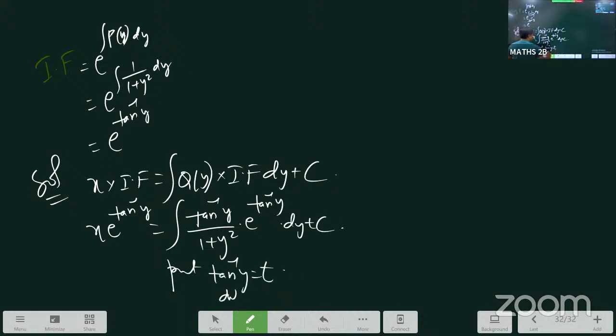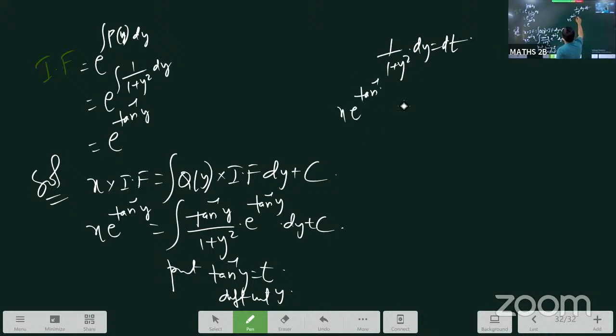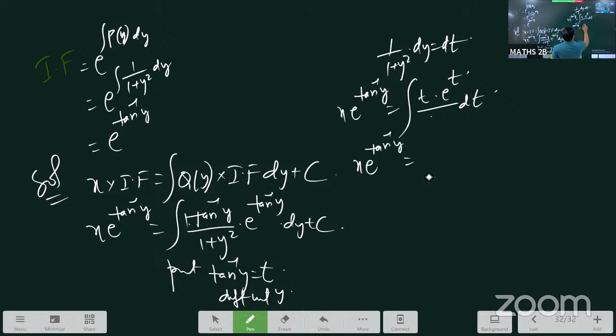When I differentiate with respect to y, 1 by 1 plus y square dy equals dt. Now x e power tan inverse y equals integral of t e power t dt.